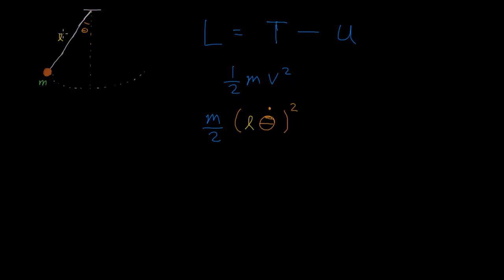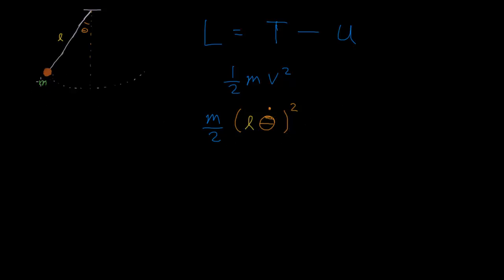The length doesn't change with time, so the time derivative of L times theta is just L times the time derivative of theta, which is theta dot. So this is the velocity, and we've written it in terms of convenient coordinates. This is the kinetic energy term.